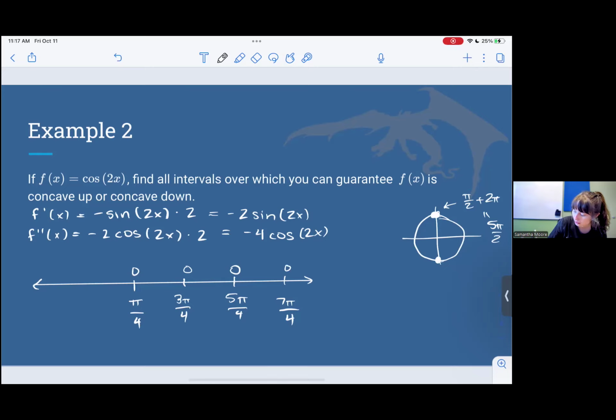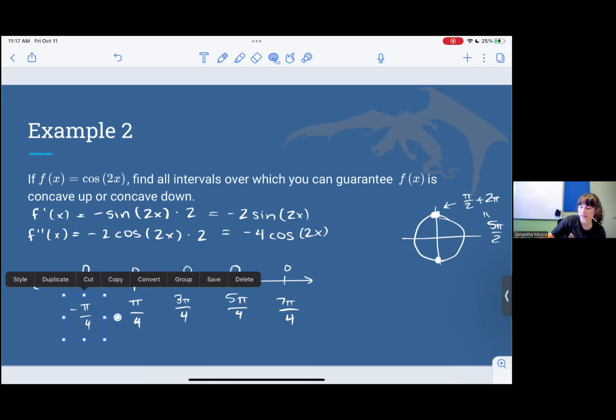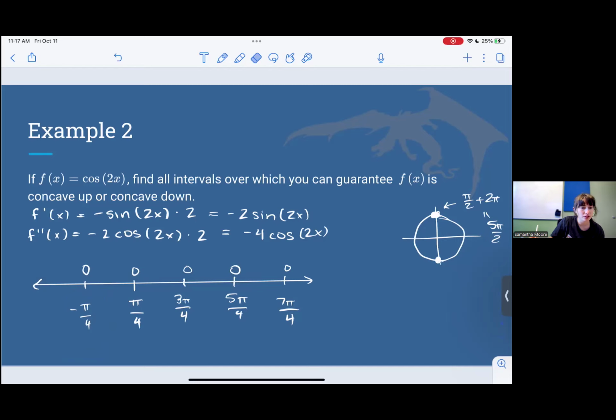And that seems to be what's getting us all of our zeros. Any added or subtracted copy of pi over 2 will get you all of your zeros. So these are all the x values where f double prime equals 0.